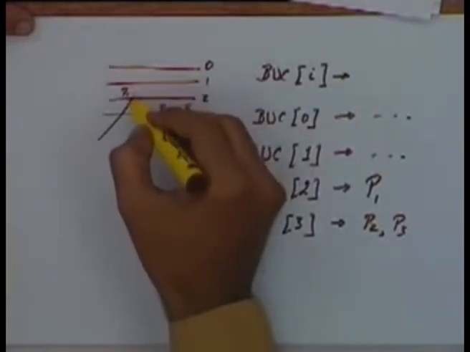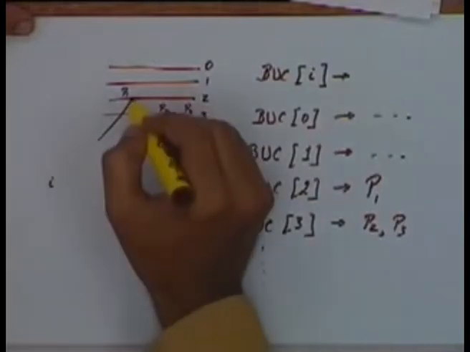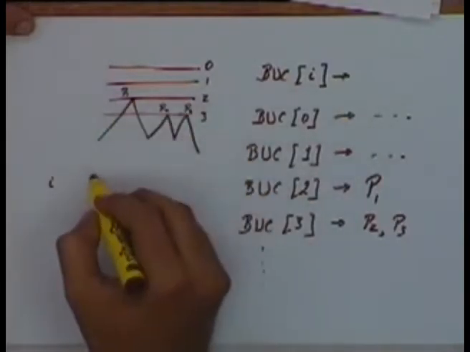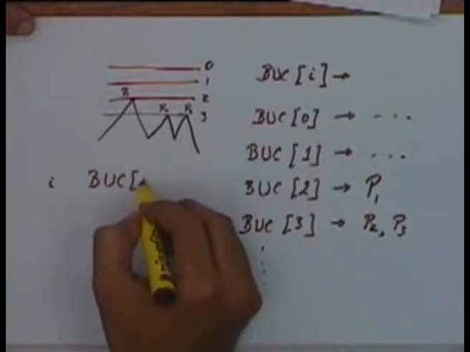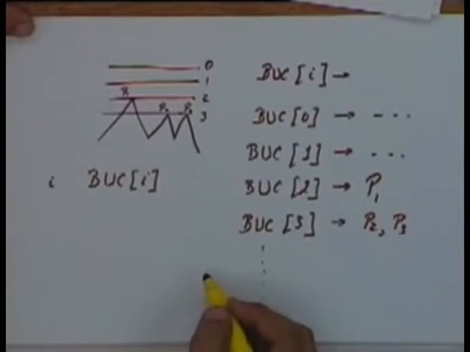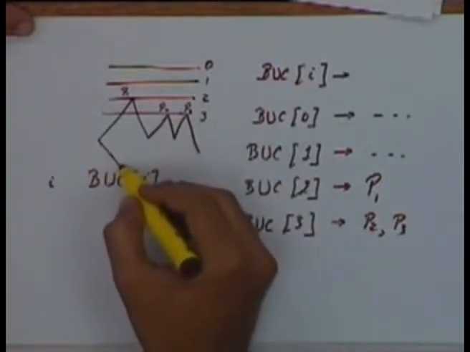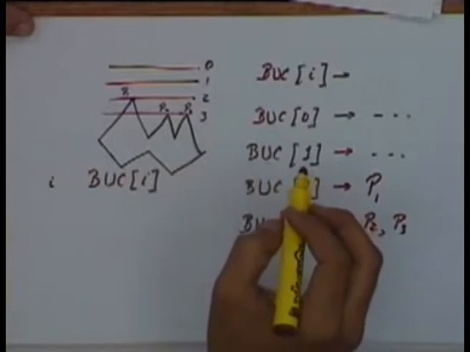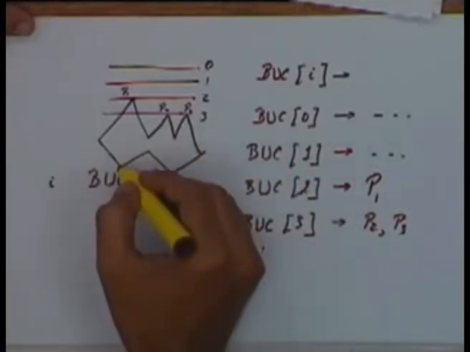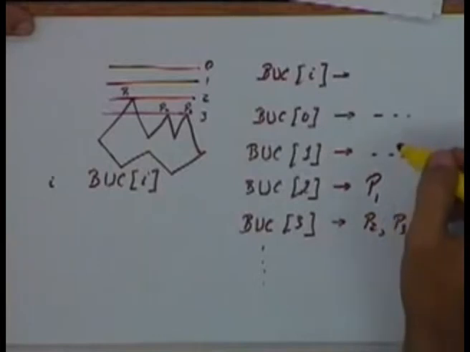So if the y coordinate of a particular point is I, we will keep track of that point in bucket of I. If we have n vertices, each vertex will be stored in some bucket, so n locations in these buckets are going to get occupied.